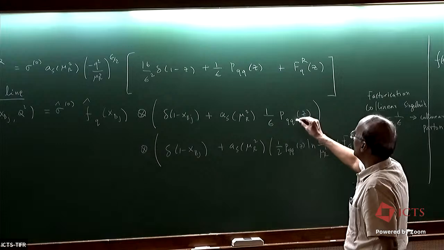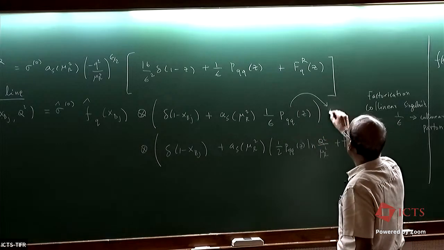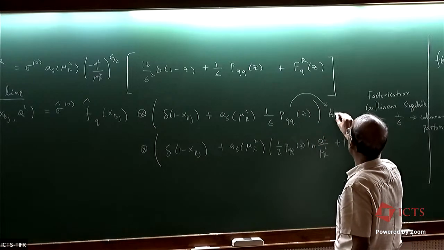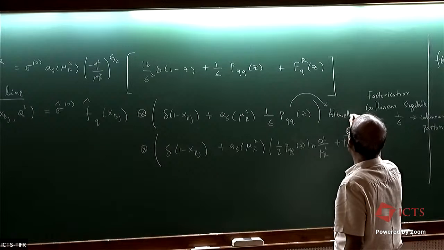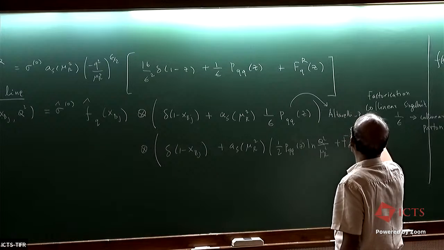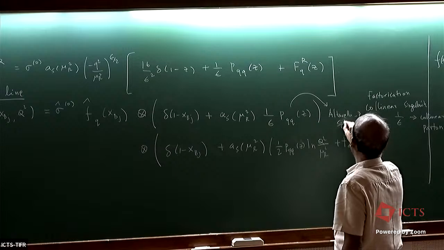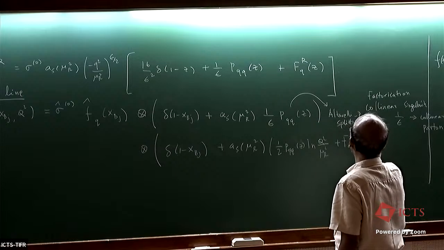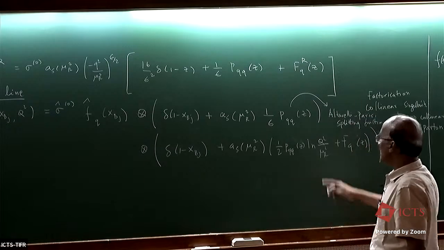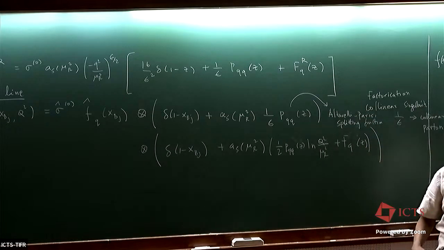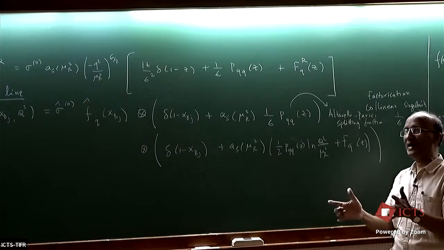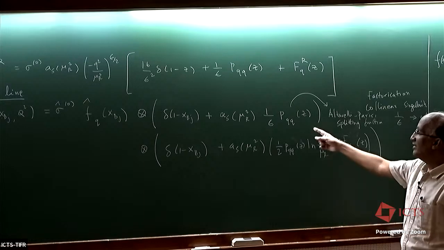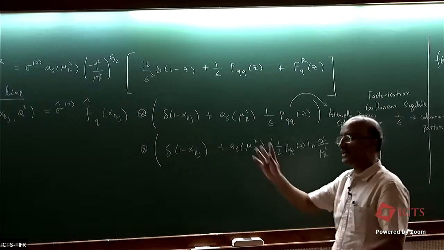This function is called the Altarelli-Parisi splitting function. It tells you the probability of this collinear splitting.